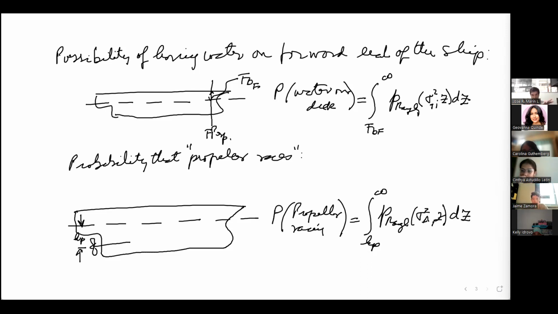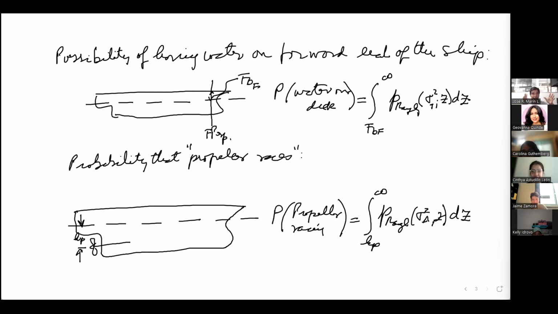You can even do this comparison with different ships. It would be very nice. Everybody calculates a certain parameter, and you can share this information and summarize it in a table. For example, you can present these values according to the length of the ship.